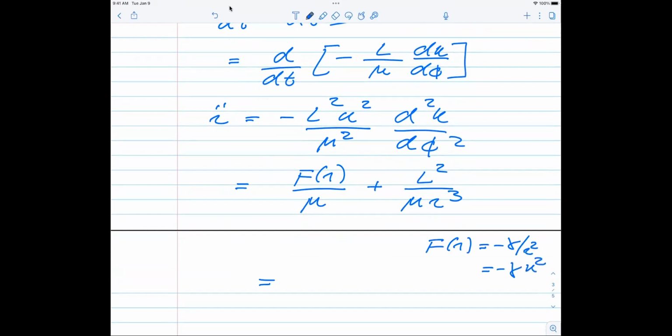So if I do the algebra now, what we are going to get when I plug in u instead of r, we get the following expression. We get d u d phi. So this term here, I'm simply now multiplying away these parameters, so u squared, mu squared, and L squared.